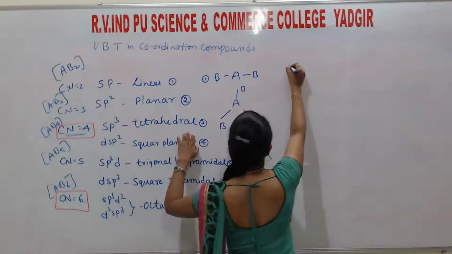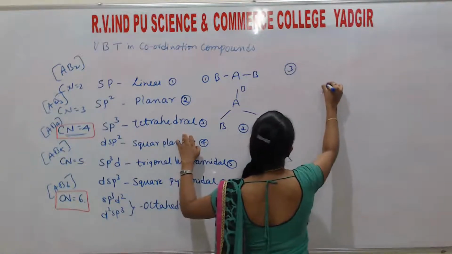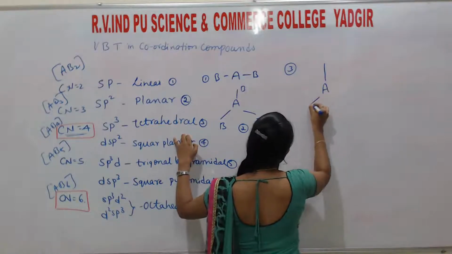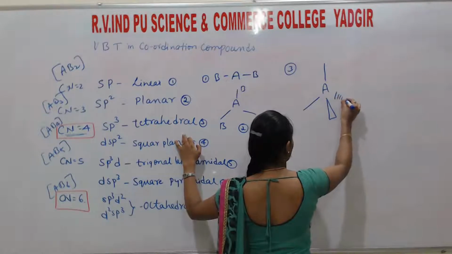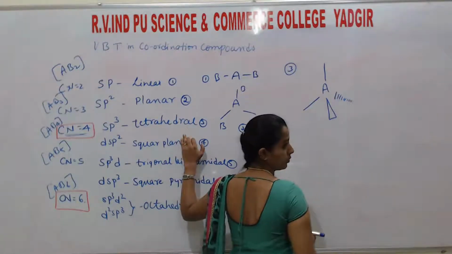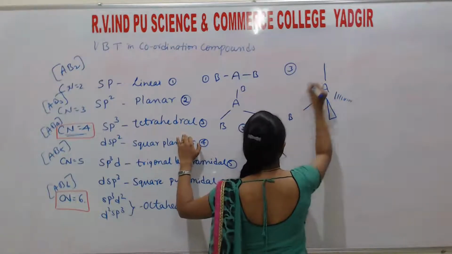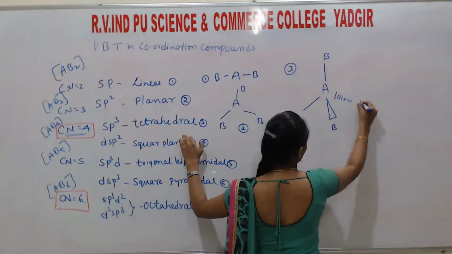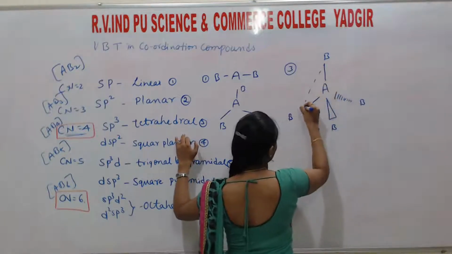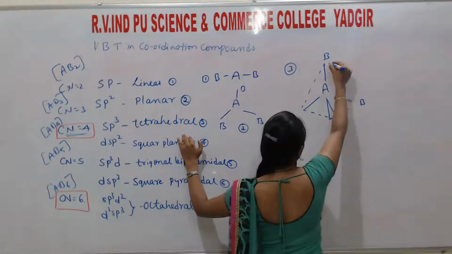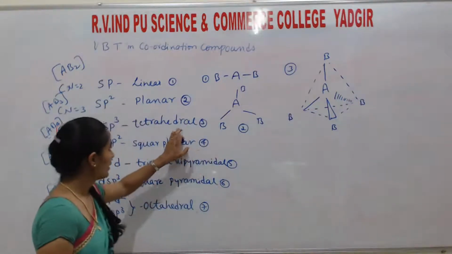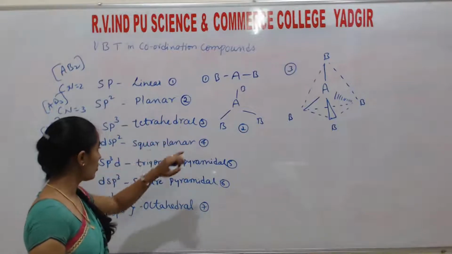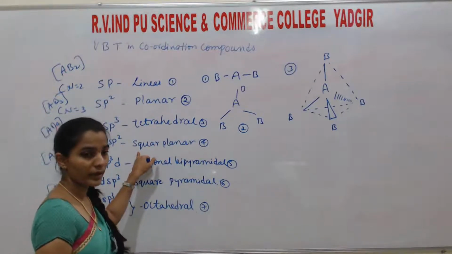Structure 3 is tetrahedral, with A at the center and B, B, B, B around it. Similarly, with coordination number 4, square planar is also there.